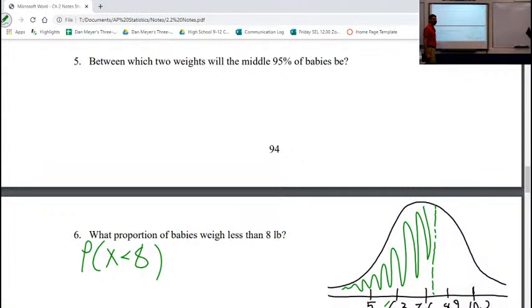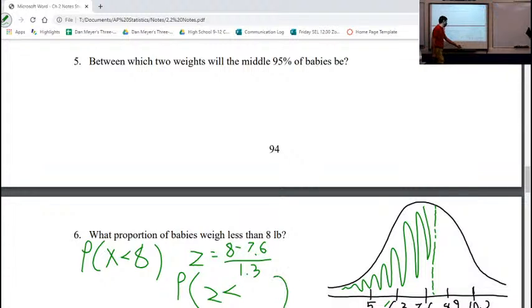How are we going to get to our answer? We're going to use z-scores. So what is the z-score of 8? It's going to be 8 minus 7.6 over 1.3. So we're going to use that z-score and then find the probability that z is less than this value.